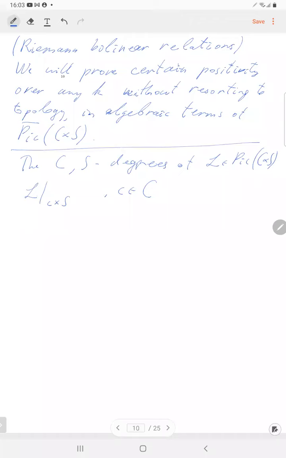Then we know that the Euler characteristic of S with coefficients in this is independent of the choice of this point, since L is flat over C.